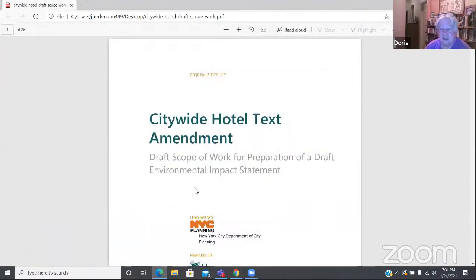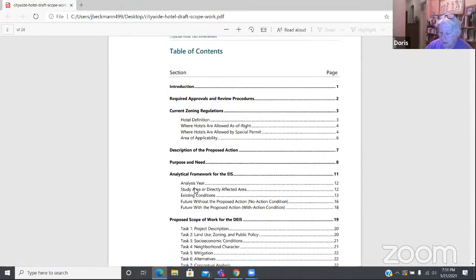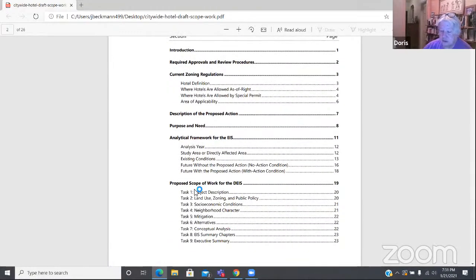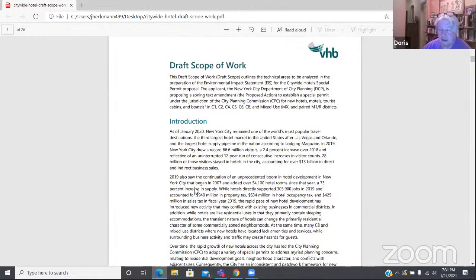This is something that the community board actually discussed 2 years ago when the city did a zoning text amendment to say that hotels in manufacturing zones would need a special permit. And there was a concern then that with restrictions, with making it a little more difficult to do hotels in M districts, manufacturing districts, there would be more of an interest in doing them in commercial zones. And I think we have seen that.